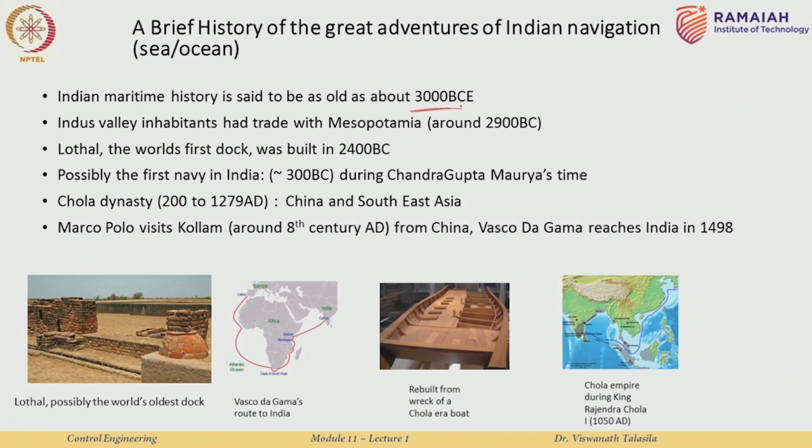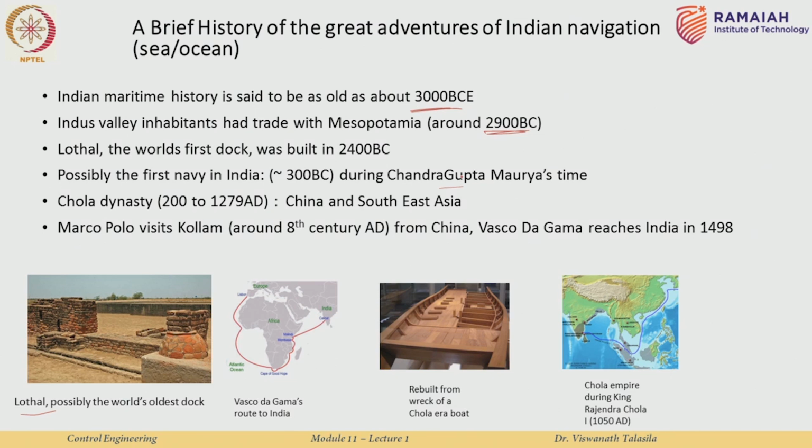They had a lot of trade links with Mesopotamia, which is current Iraq, and also Kuwait. It is around 2900 BC, really 5000 years ago, and the world's first dock for ships, Lothal, was built around 2400 BC. And one of the earliest navies which India had was during the Maurya time, around 300 BC.